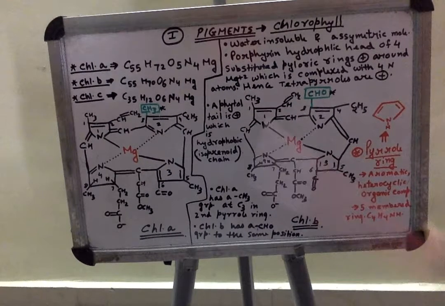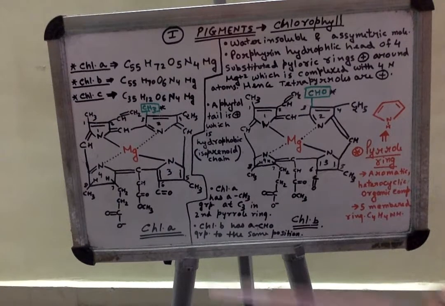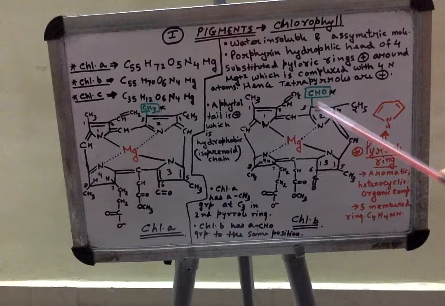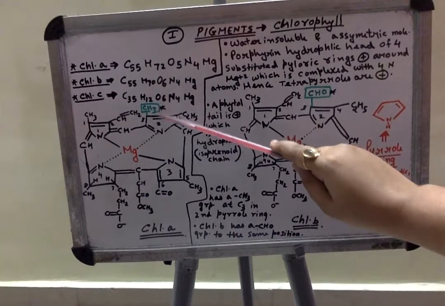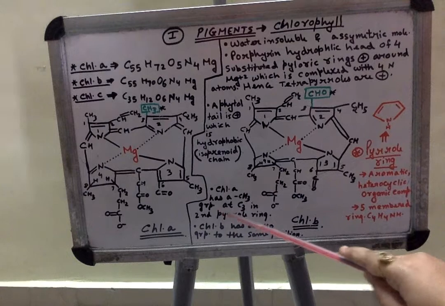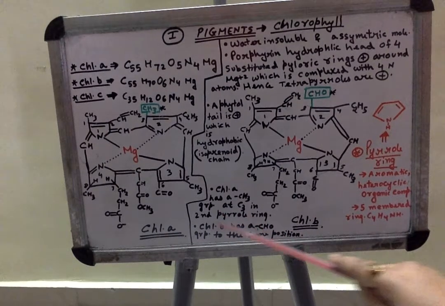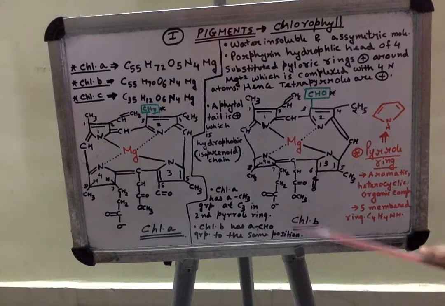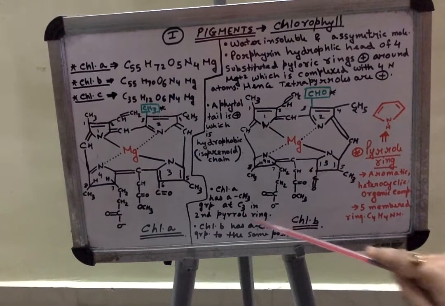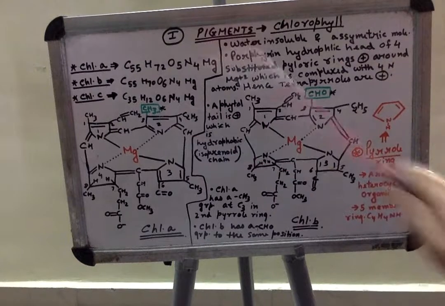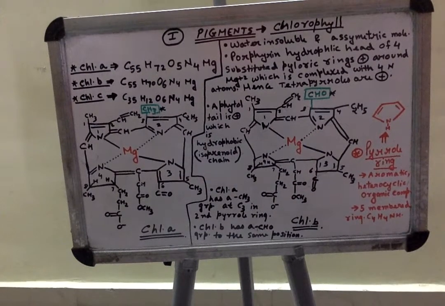This is the main difference and very often asked in question papers. The structures are similar, but the main difference is the presence of a methyl group in chlorophyll A at carbon 3 position of the second pyrrole ring, and an aldehyde group in chlorophyll B at carbon 3 of the second pyrrole ring. So these are the 2 main structures.